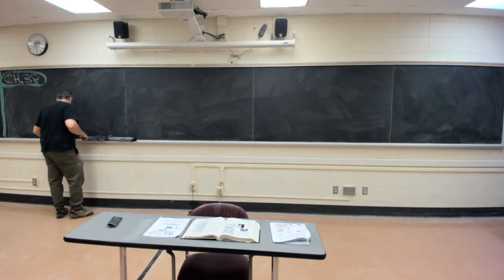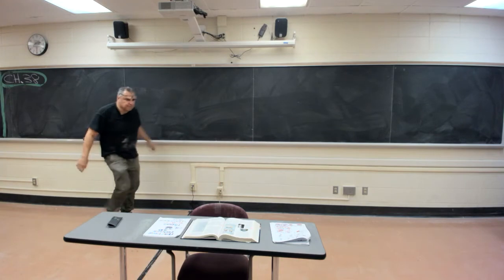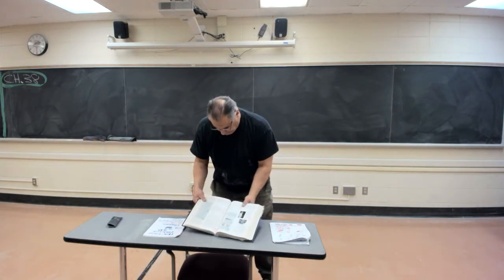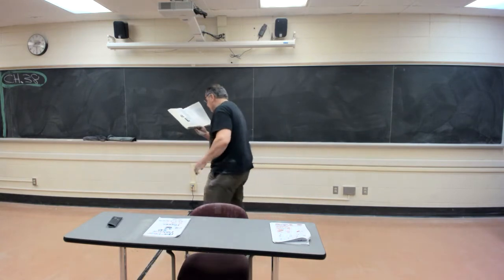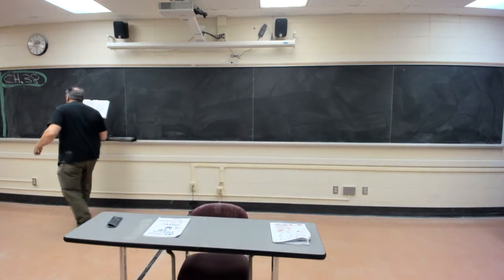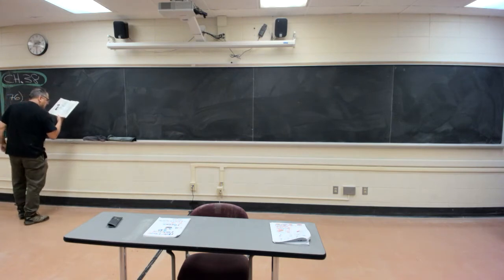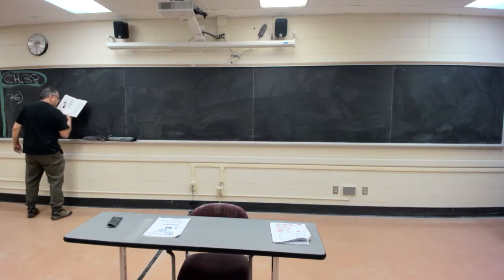All right, let's see what we can do. For 76, they're saying essentially we have an object looking like that.